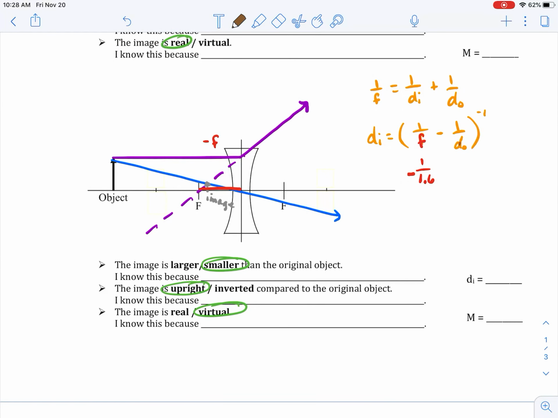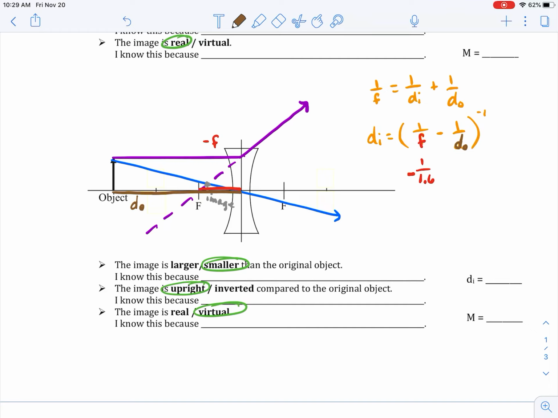For the distance to my object, sorry, trying to keep my color coding the same for y'all. So the distance to my object is going to be measured from the center of the lens to my object.